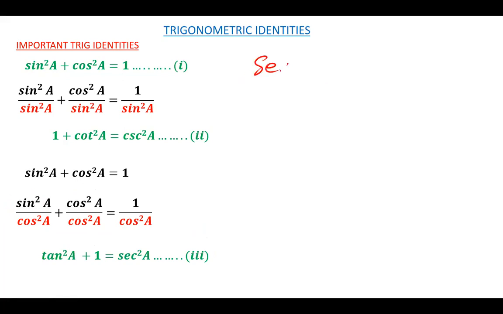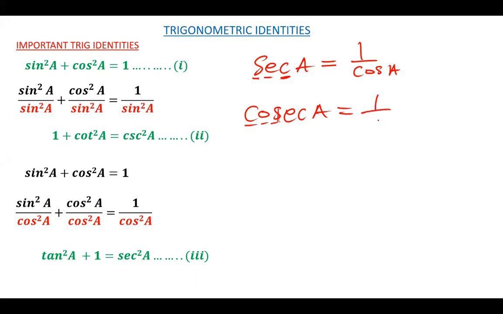If I write sec A, just count 1, 2, 3, the third letter represents what is going to be the denominator. In this case, the third letter is C. So meaning I'm going to have cos A. I say cosec A, the third letter is 1, 2, 3, so this one is 1 over sine A.